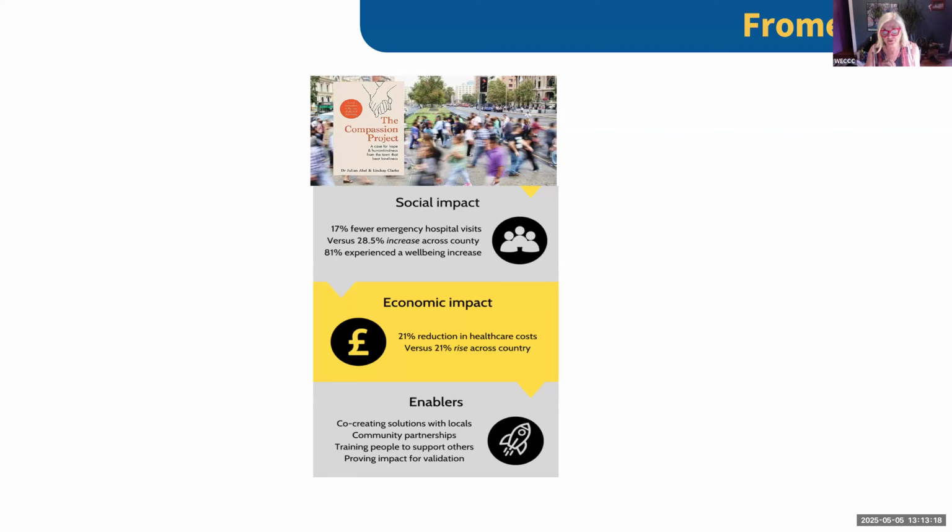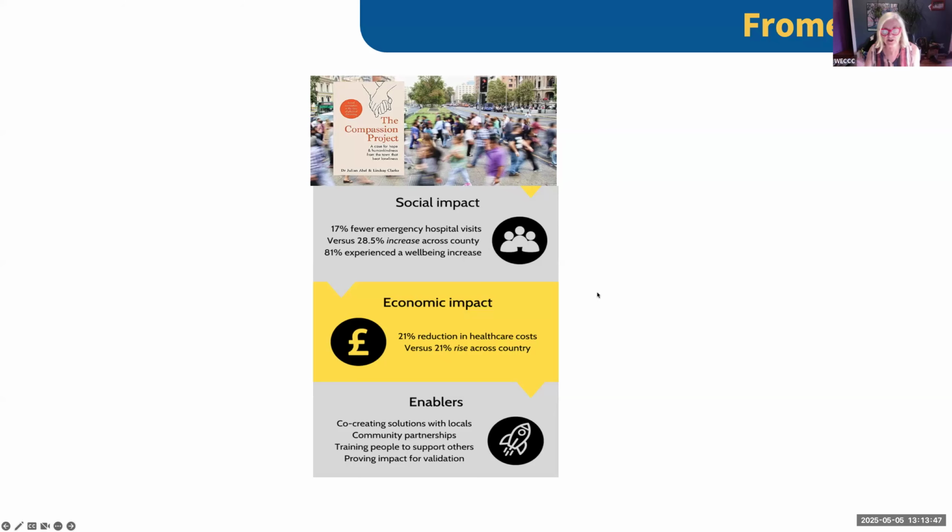Even while Frome in this 5-year period was significantly decreasing emergency hospital visits, other little towns across their region or their county in the UK experienced a 28% increase in hospital visits. And then they did qualitative research that showed the residents really liked this model.